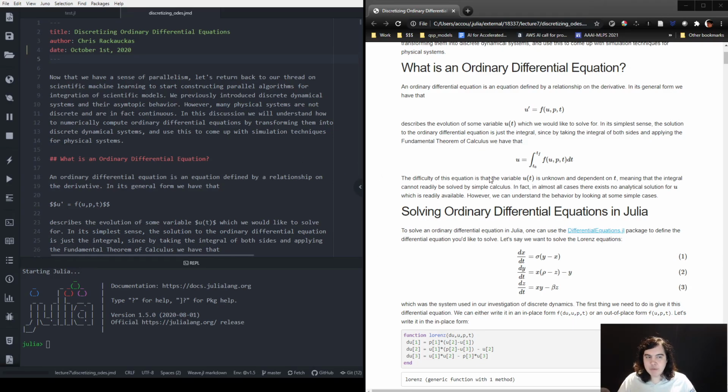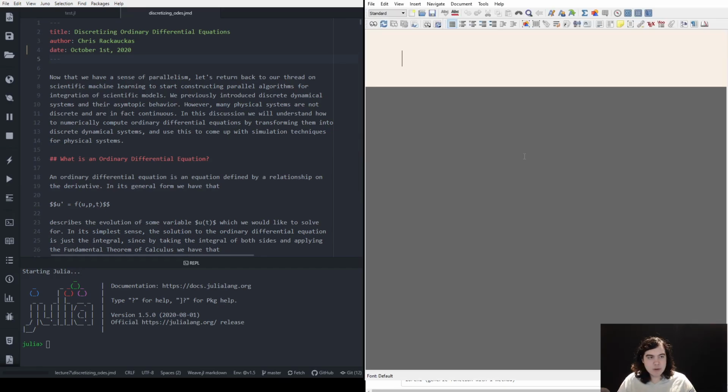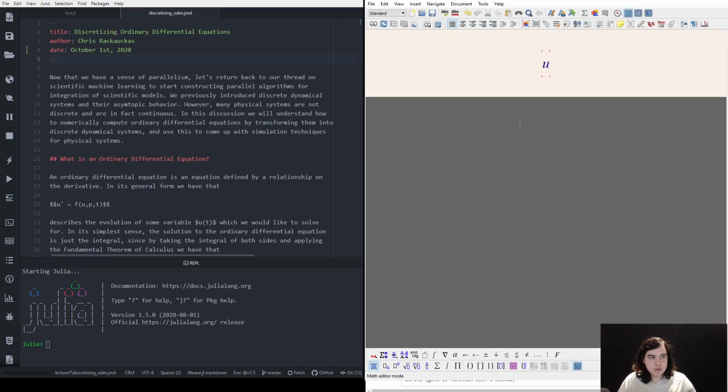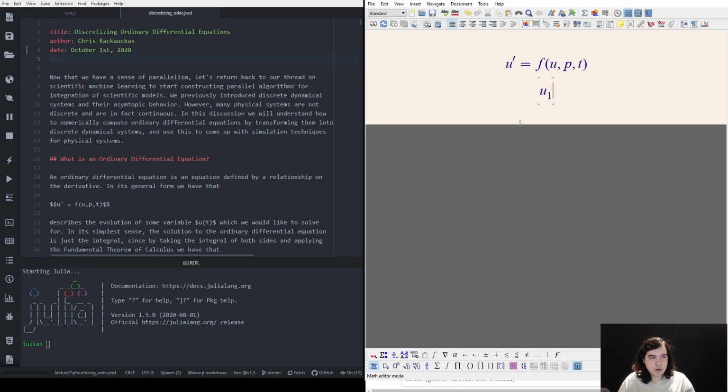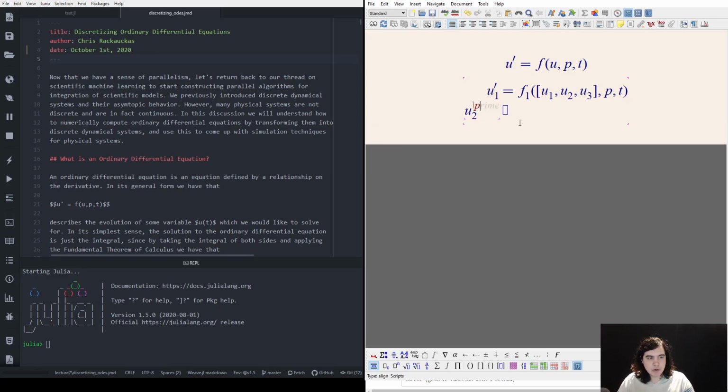So the derivative of every single component would be, right, so the vector form of u prime equals f of u, p, t. This can also be written as u1 prime equals f1 of u1, this vector u1, u2, u3, p, t. u2 prime equals the same thing except f2.